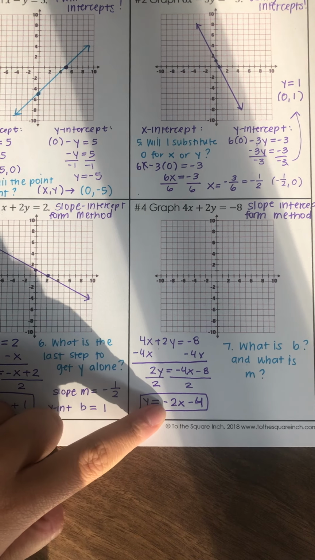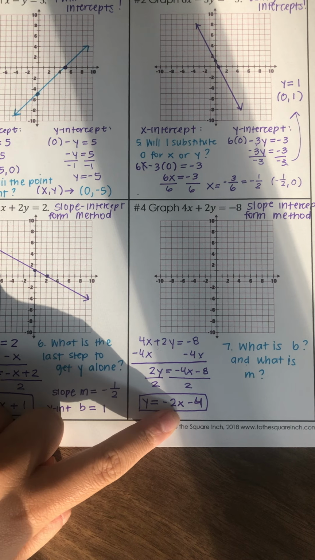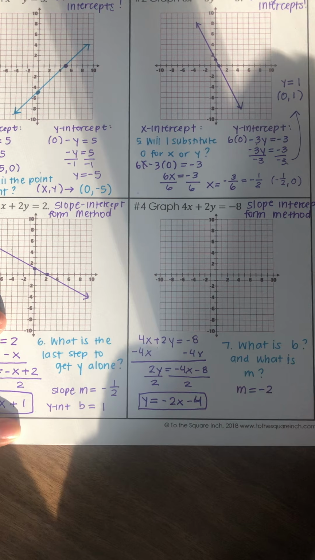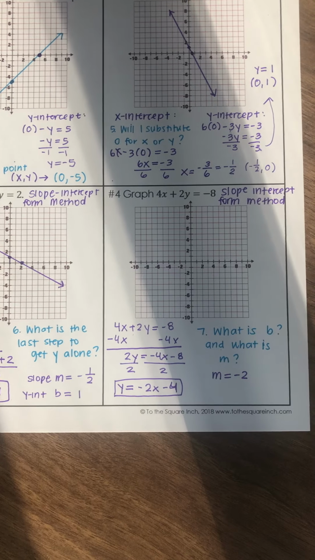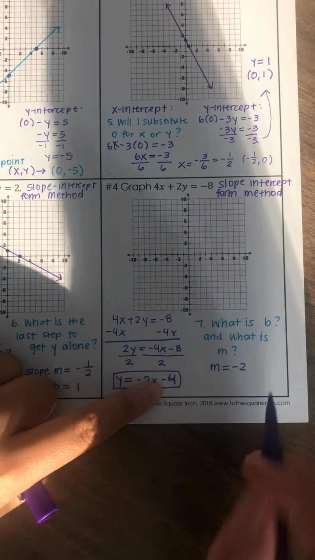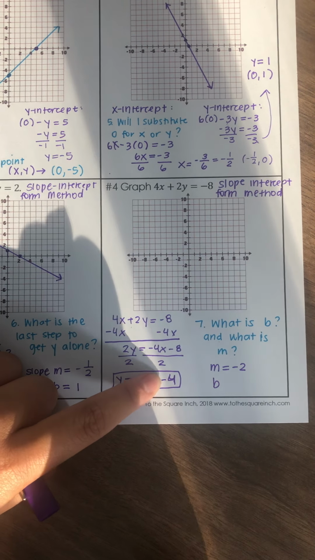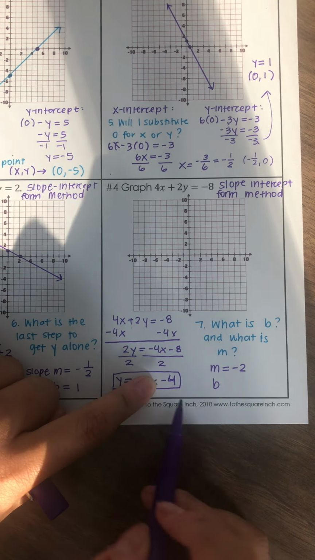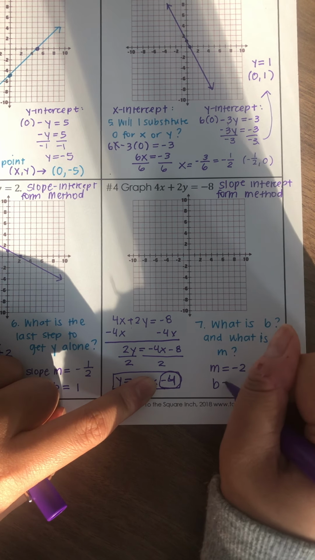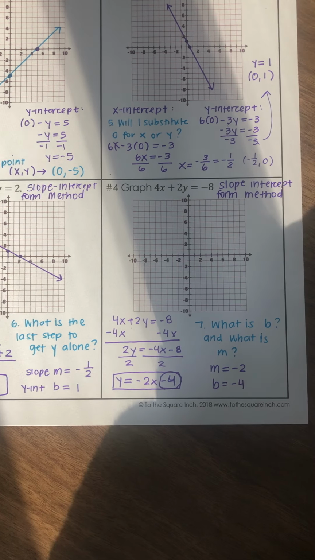Again, m is that quantity right in front of our variable x. So m is a negative 2, so our slope is a negative 2. And our b, notice, is going to be a negative 4. We are going to bring that sign in front of it. So our whole y-intercept is that entire negative 4.